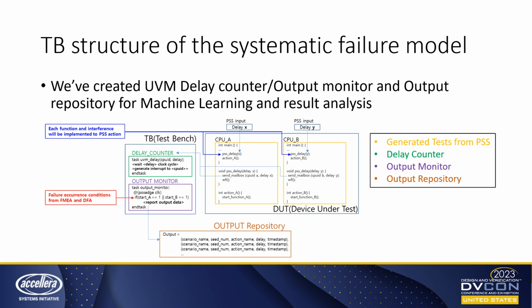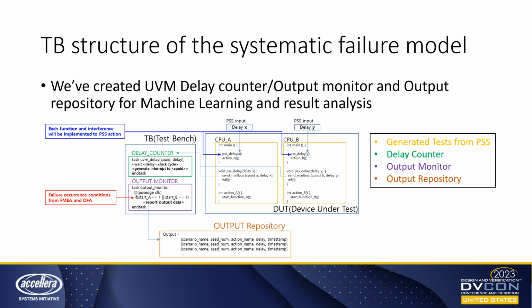And the next one is the output monitor. The output monitor is a functionality to check whether the target condition happened or not. The target condition is that the action A and action B output hardware events occur at the same time.